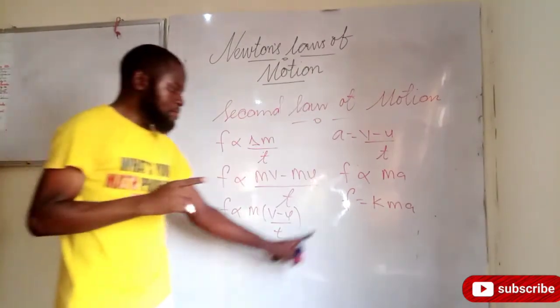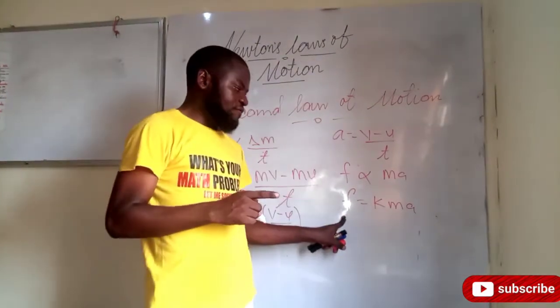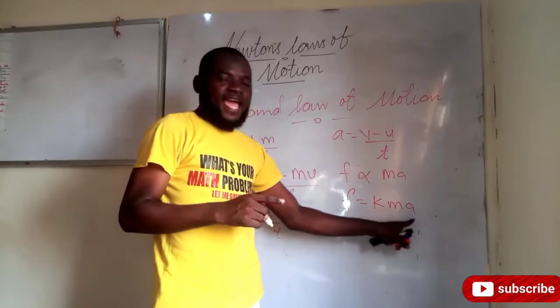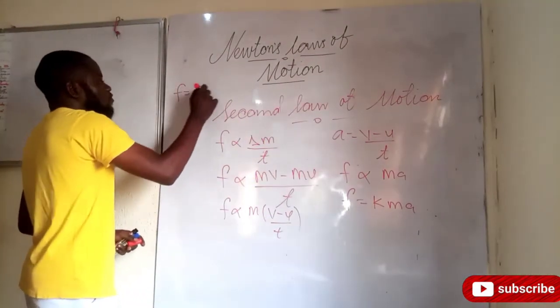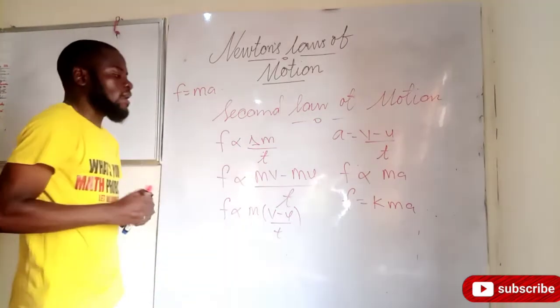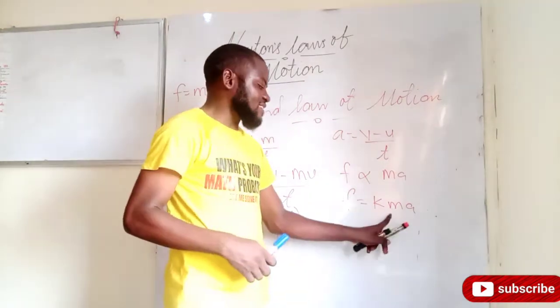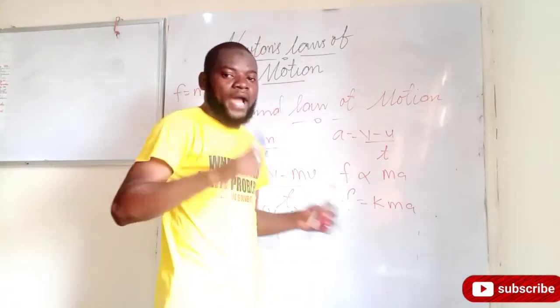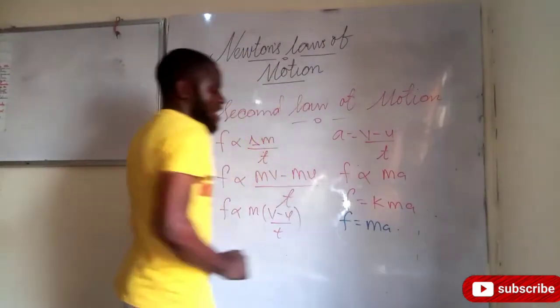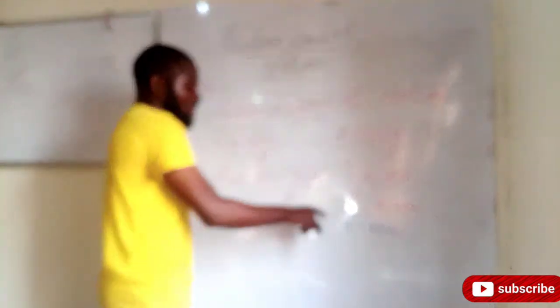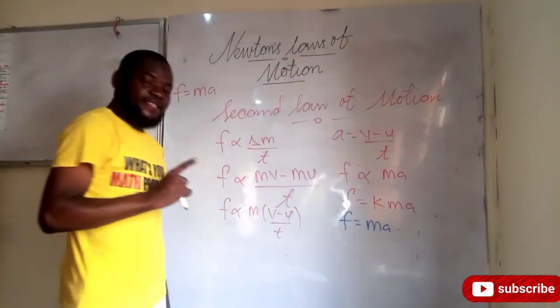Now, for F equals kma to be correct, like what we usually use, that F is equal to mass times acceleration, we have to take the assumption that k is equal to 1. If you take the assumption that k is 1, then F is equal to ma. And that is what the second law of motion states.